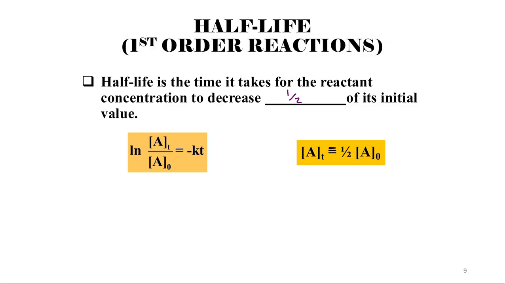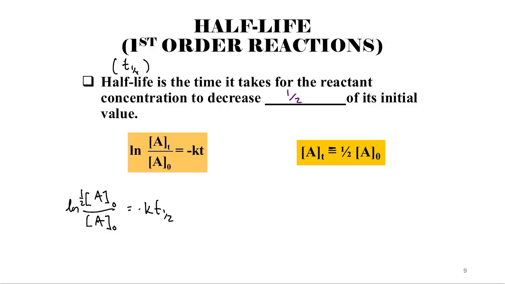When you do that, you have ln of A0 1/2 divided by A0 is equal to minus k times t sub 1/2, right? And what you'll see a lot, t with the subscript 1/2, is what people use to signify the half-life of a reaction.